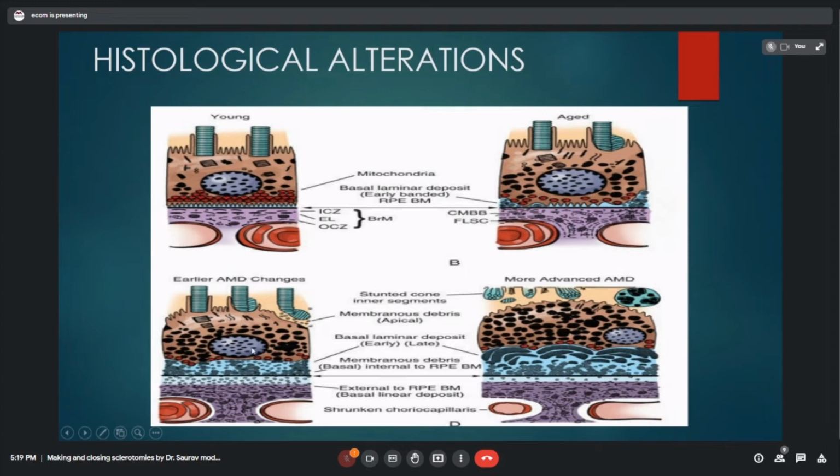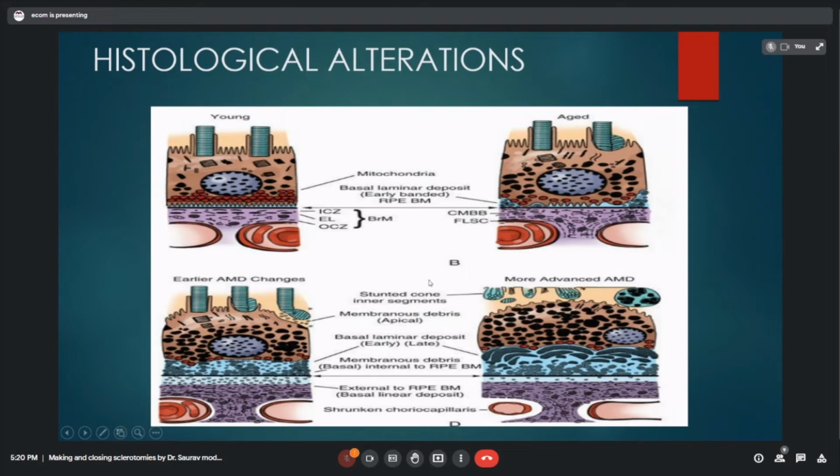Now, in early AMD changes, when the AMD has just started, the RPE no longer remains a single layer, and basal laminar deposits start accumulating. Early patchy basal laminar deposits occur. Then these membranous debris might be found at the apex, or they might be found in the Bruch's membrane layer.